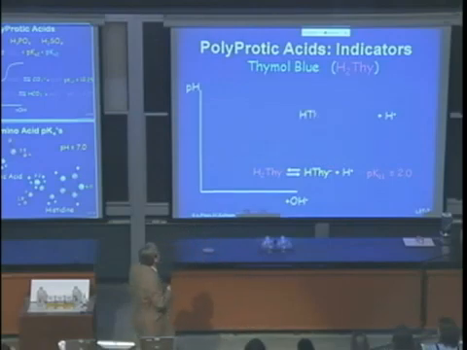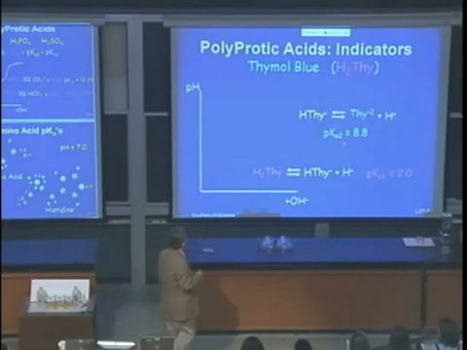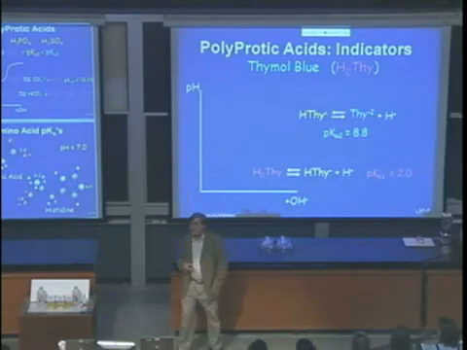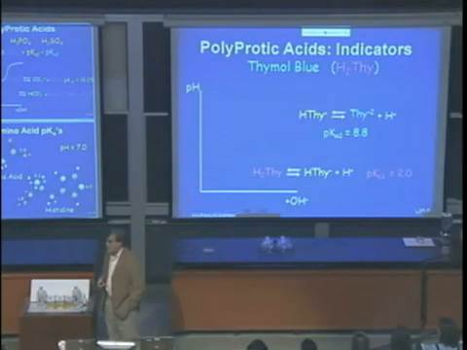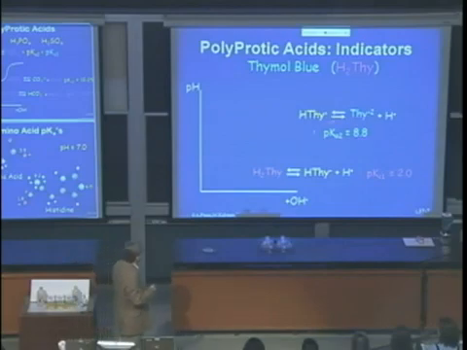So now the second equilibrium here is this ion has still a proton, and if I react it with water, H2O, it gives the thymol 2 minus anion plus H3O plus. And this has a pKa of 8.8, so 10 to the minus 8.8 is the Ka, so that's a lousy acid essentially.